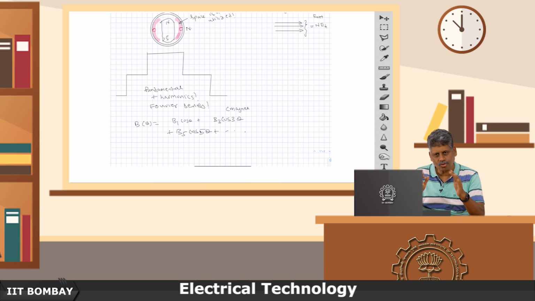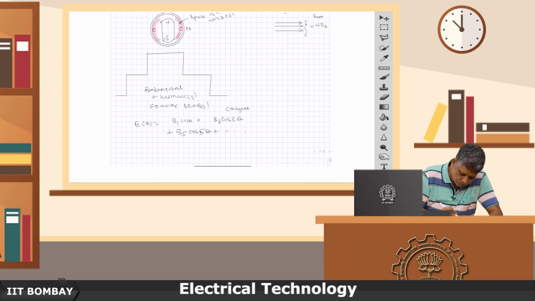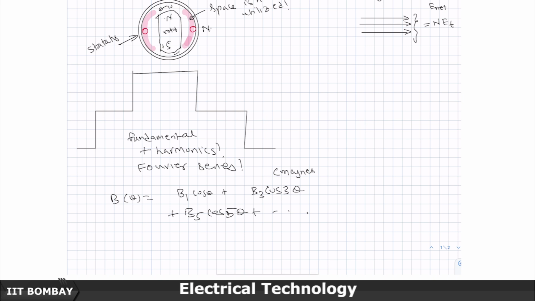Winding is closed. So, you have the stator on which the winding is there. This is the rotor which is rotating in the anti-clockwise direction at a speed omega. Remember, this is a two pole machine which is also called an alternator or a synchronous generator, whatever names you have given to them.